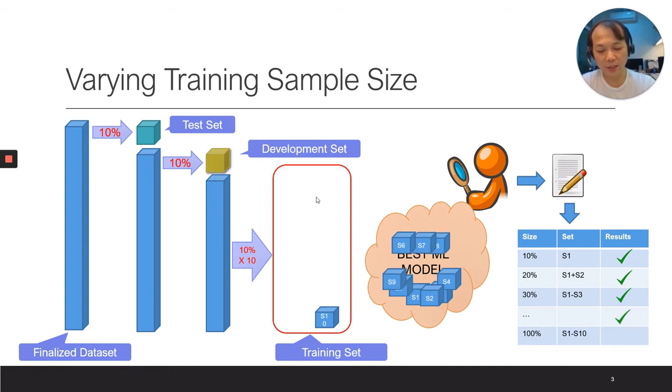We will repeat these steps for each of the best performing machine learning algorithm from experiment 1, 2, and 3. The purpose of doing this is basically to test if increasing the sample size of the training sets would improve our performance model.